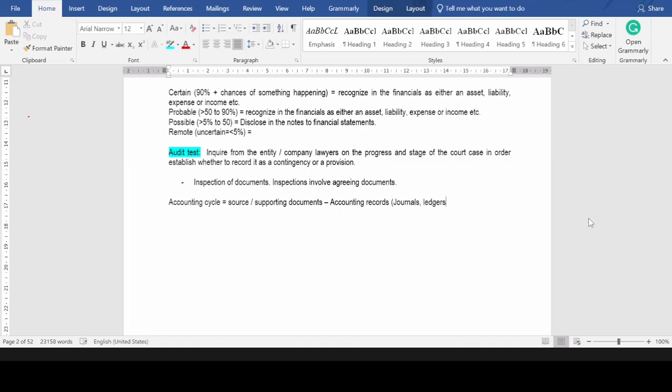Then this one leads to financial statements, where we come up with a trial balance, and then statement of profit or loss and other comprehensive income, statement of financial position, statement of changes in equity, statement of cash flows, and the notes.